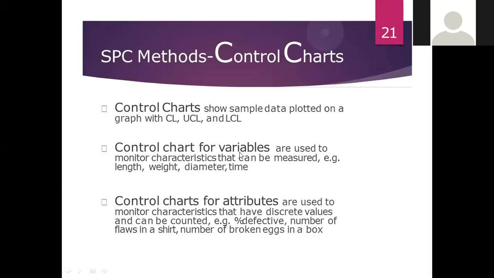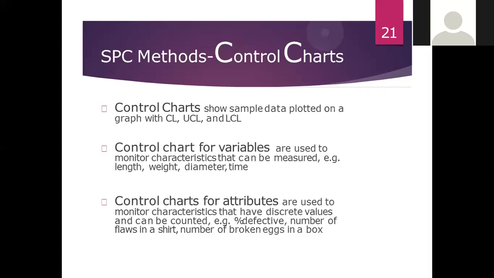This is the control chart for variables, the first type: any variable you can measure. Say weight, you can tell 2.5 kilograms, 5.5 kilograms. Time, 2.6 hours, 0.3 minutes.